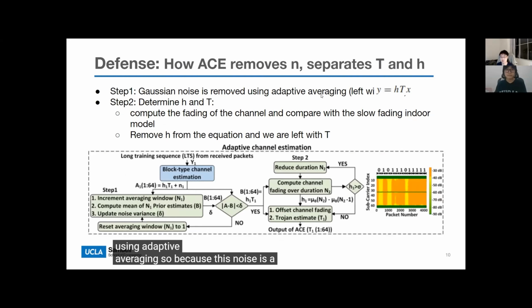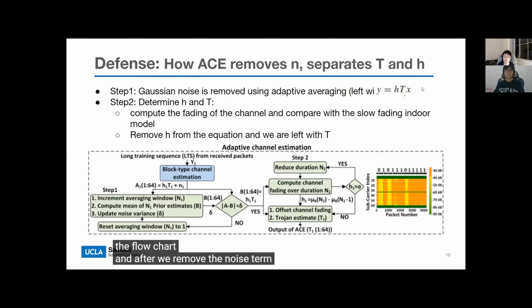Because the noise has Gaussian normal distribution behavior, if we take the average over an adaptive window, we are able to remove the noise, and that is represented in step one on the left of the flowchart.